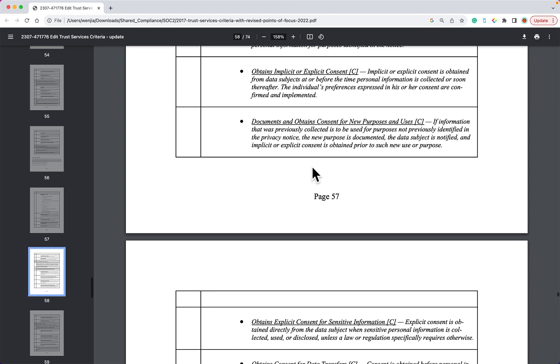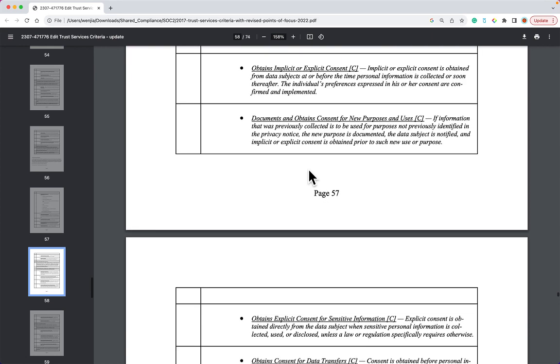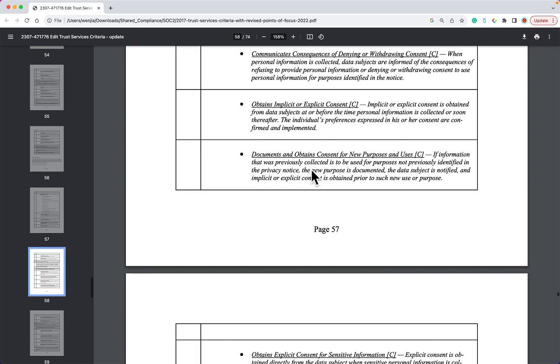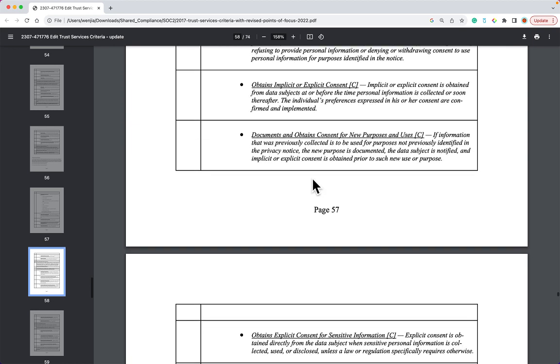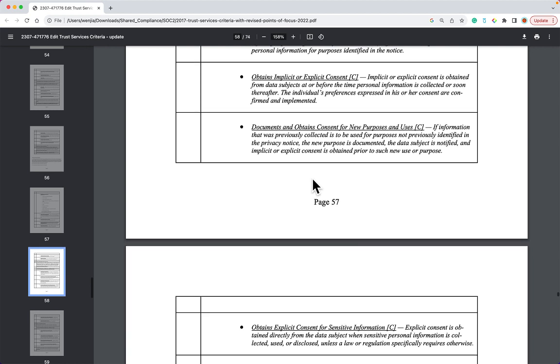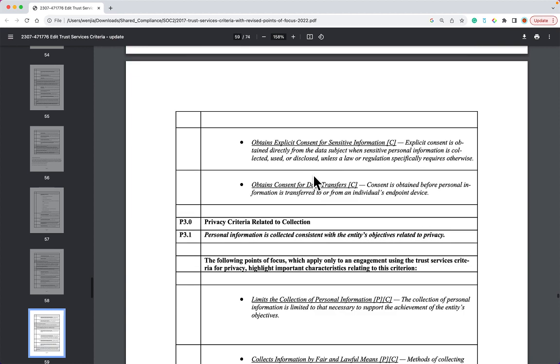And every time when you get the consent, you need to have a record for that. And if the agreement for which you have the consent from the data subject is changed, you need to let them know if you have some new purpose, new uses.